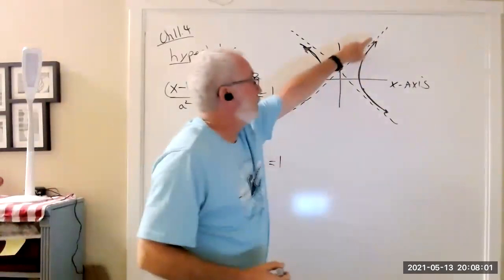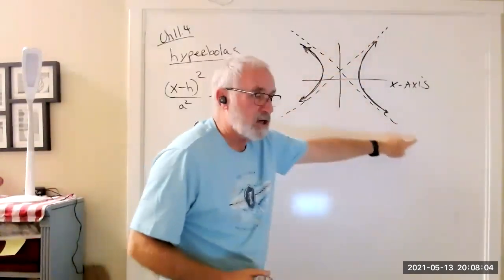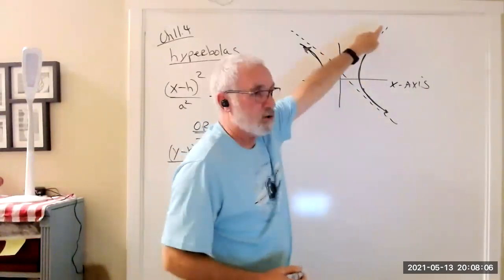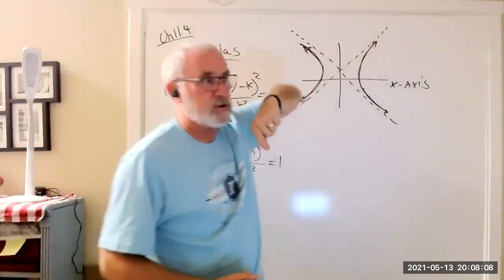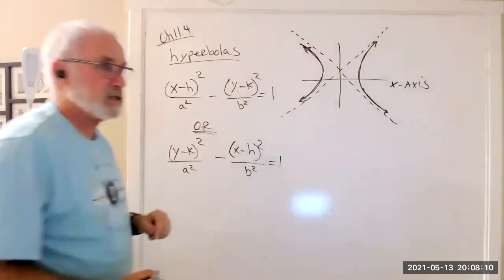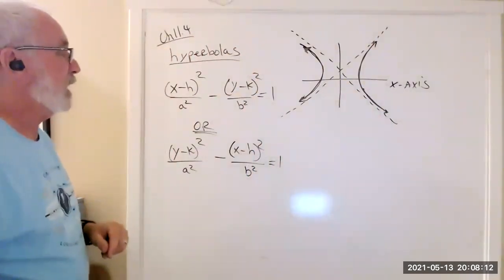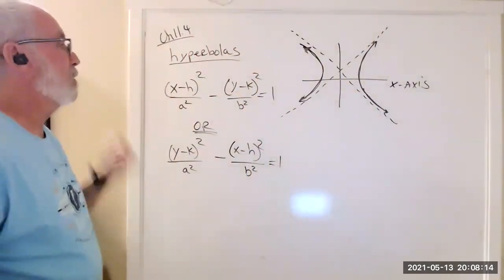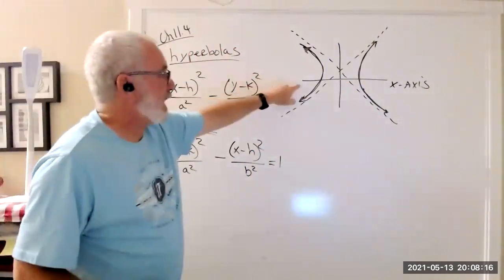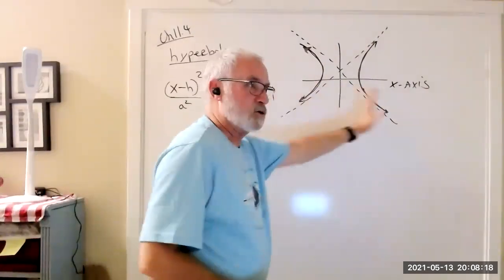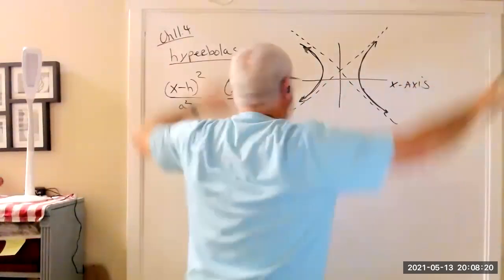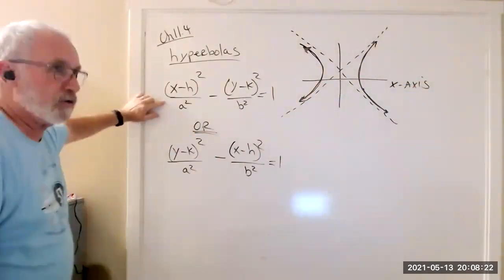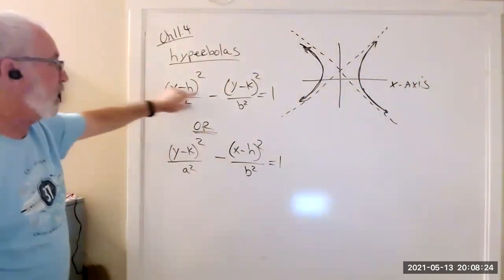They come real close to the asymptote as each branch continues, but they never quite touch it. And I'll talk more about that asymptote in a minute. So this was sideways, two branches opening sideways because x was positive and y was negative.